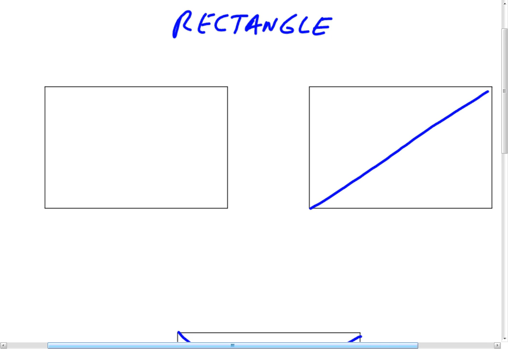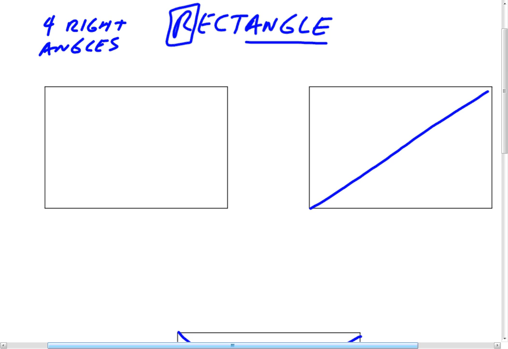Some people, when they come into high school, have a middle school definition in their head where they're thinking two short sides, two long sides. And that's more of a characteristic than a definition. What's the last part of the word rectangle? Angle. What's the first letter in the word rectangle? Literally, 4 right angles.